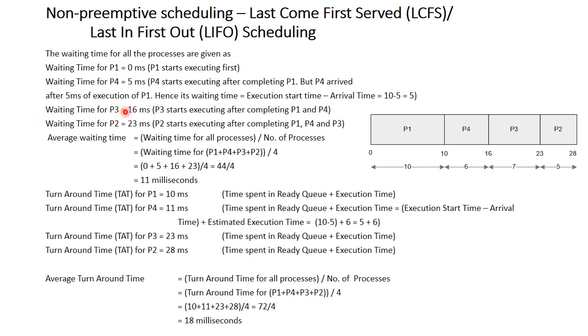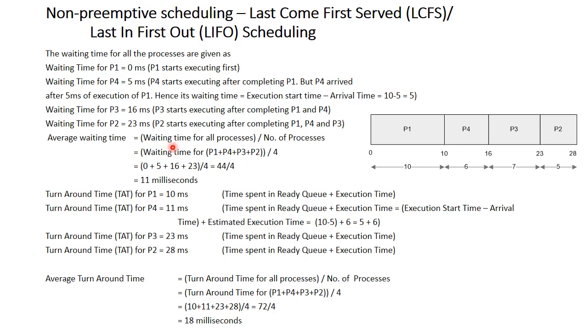Waiting time for P3 is 16 milliseconds. P3 starts executing after completing P1 and P4, so the sum of the execution times of P1 and P4 will be the waiting time for P3. Waiting time for P2 is 23 milliseconds because P2 starts executing after completing P1, P4 and P3.